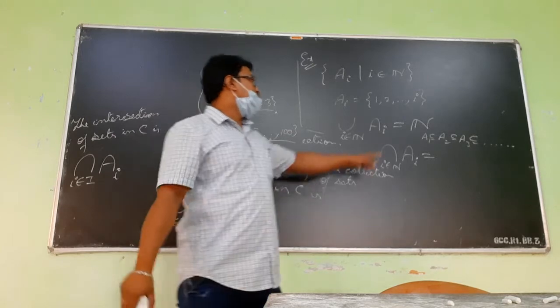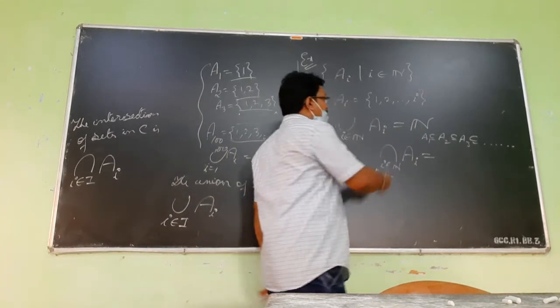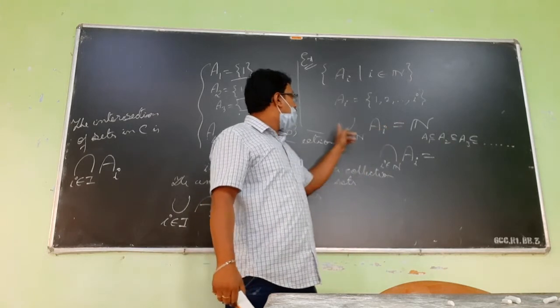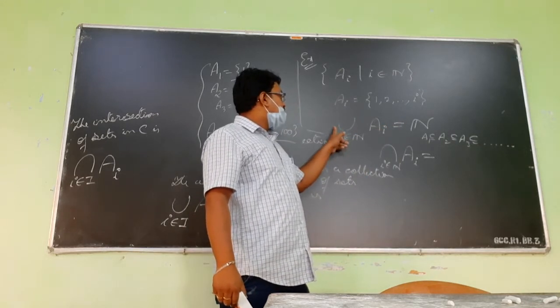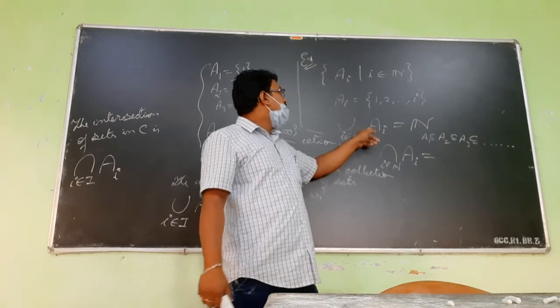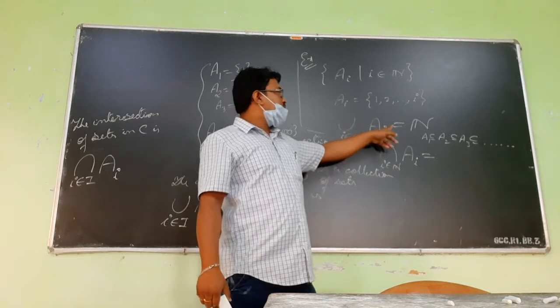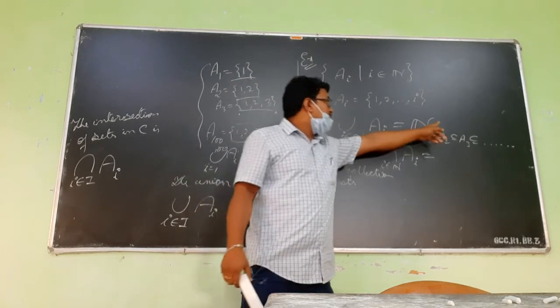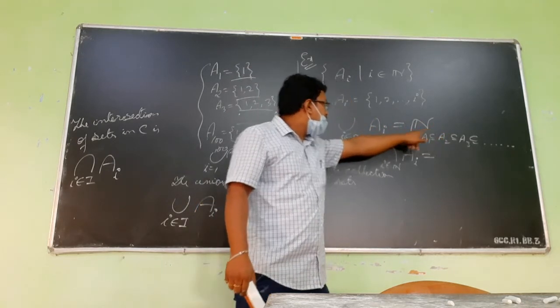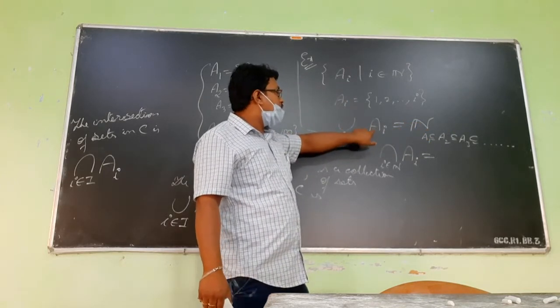This union is actually N. Take any natural number. How to show that these two are equal? Take an element from this set and show that it is in this set. That is obvious, because each A_i is a subset of the natural numbers, so their union is a subset of the natural numbers. Now take an element from the natural numbers and show that it belongs to the union.